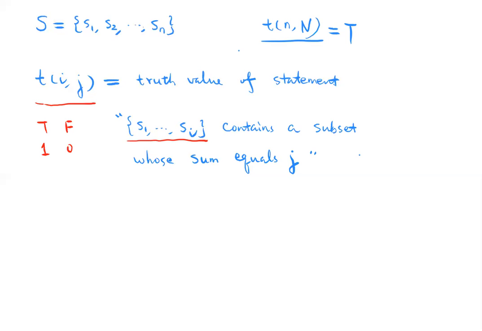So the next thing we need to do is to have a recurrence relation for this one. Okay, so what's the recurrence relation for this one? Of course, there are boundary cases. Let's discuss the general case first, then come back to the boundary cases.